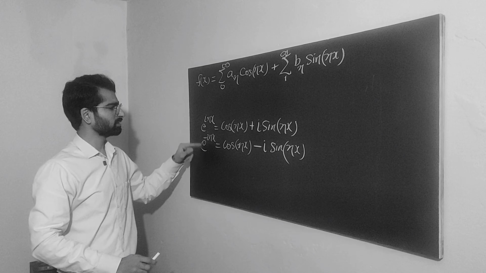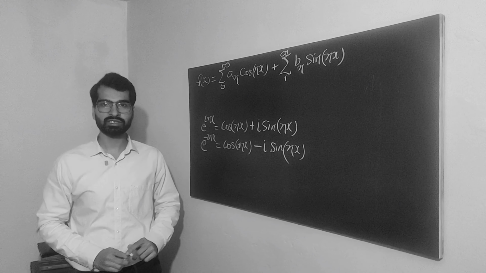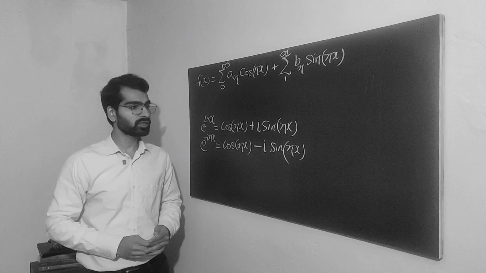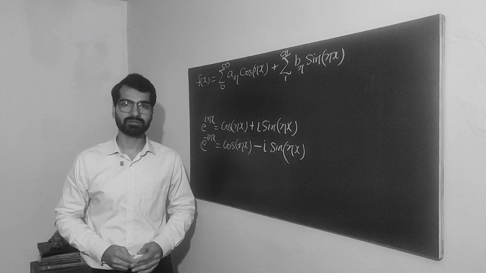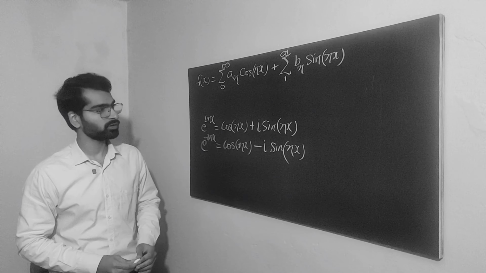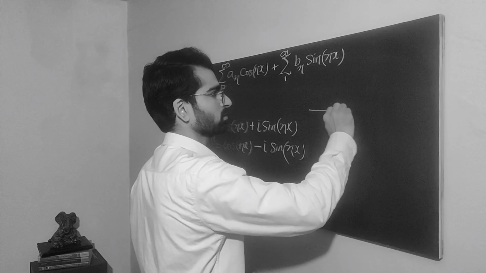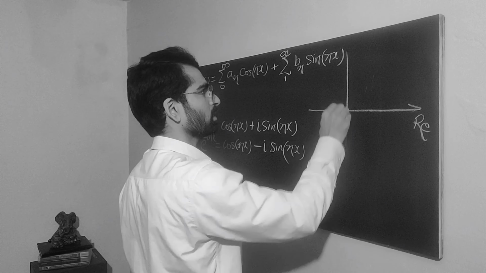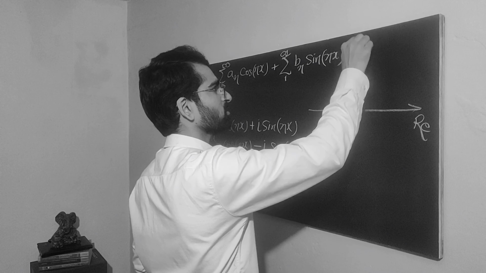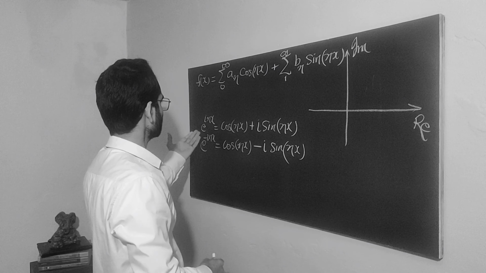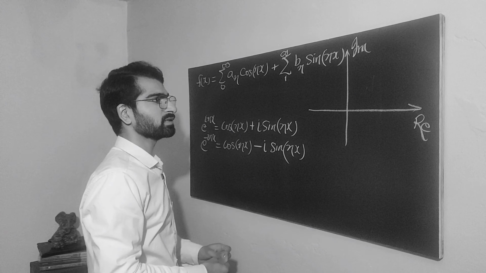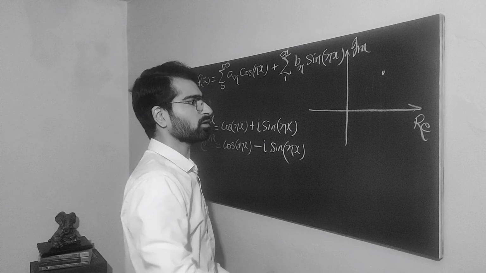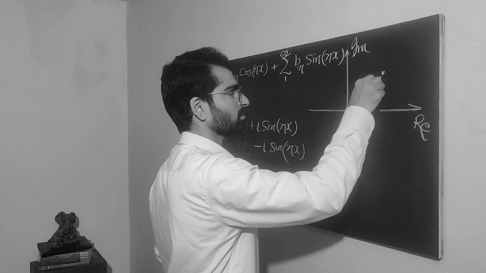And these complex exponentials have their interpretations. They are rotating vectors in the complex plane, and I want to show you how. This is your real axis, that's going to be imaginary. Then e to the i n x represents a point in the complex plane or a vector.